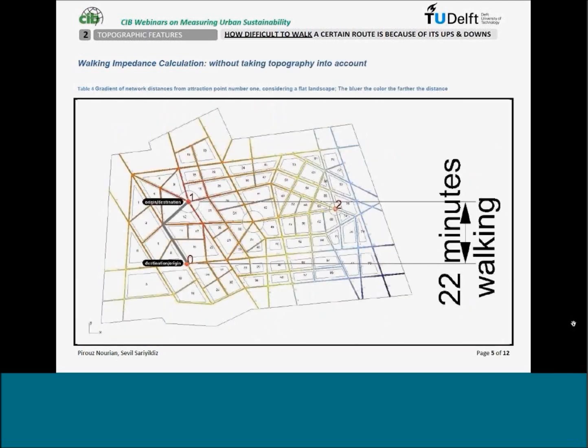Okay, and to give you a sense of comparison to the actual influence of this impedance, I'll show you two calculations. First, distance between a pair of origin and destination points according to a shortest path, which is when we consider a flat landscape. It takes, for instance, in this case, 22 minutes of walking.